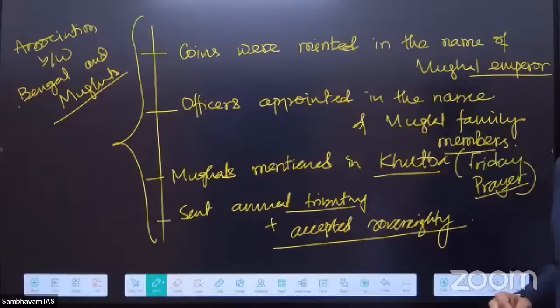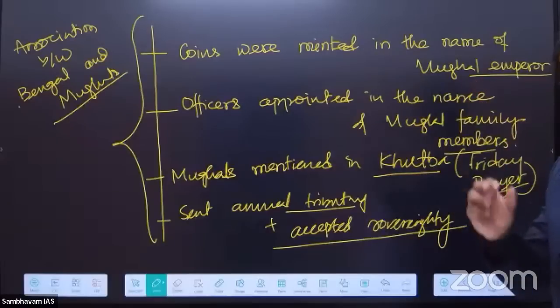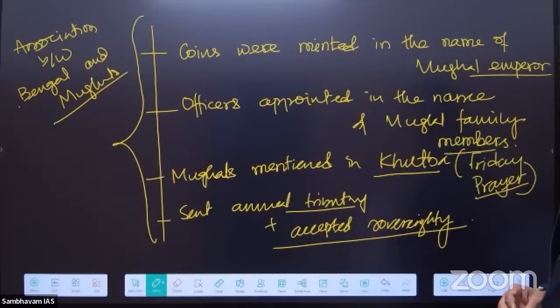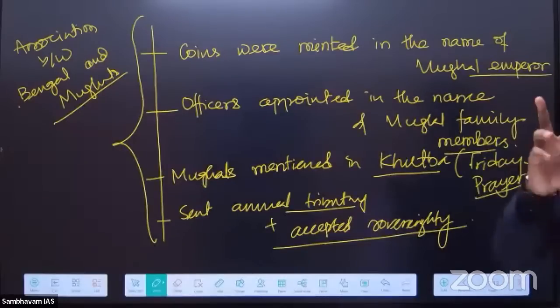Kumar is asking, Nizamat same as Fauzdari? Not at all. Civil and criminal laws are different. We will deal with that later. Although some association is there, I cannot say there is no linkage whatsoever.